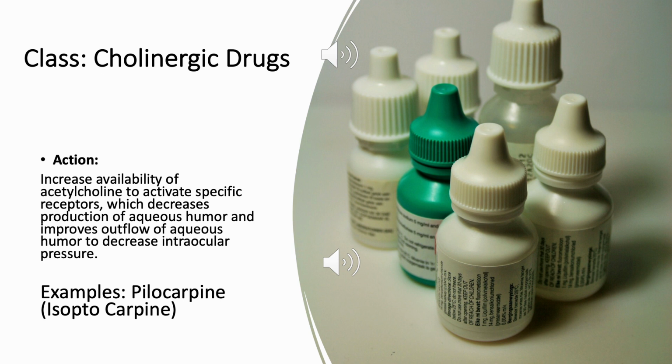Cholinergic drugs lead to decreased IOP by reducing the amount of aqueous humor produced and improving its flow. When the amount of acetylcholine is increased, the pupil becomes smaller, referred to as miosis. This increases the amount of space between the lens and the iris, allowing the aqueous fluid to flow freely and decreasing IOP.